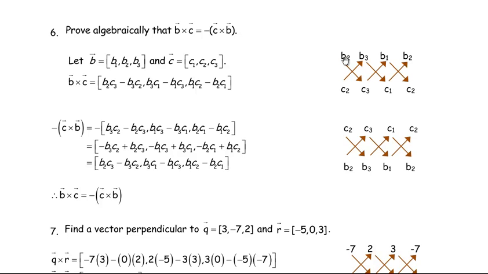So B2, C3 minus the product of B3 and C2, so that's the X component, and then B3, C1, right there, minus B1, C3, that's the Y component, and then B1, C2 minus B2, C1. So that's the B cross C vector. So now we want to show that's the same as the negative of C cross B. So C cross B, I'm just going to put my C's on top and my B's on the bottom and this little symbol here to do the cross product.